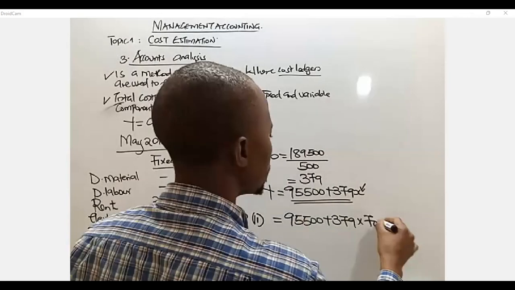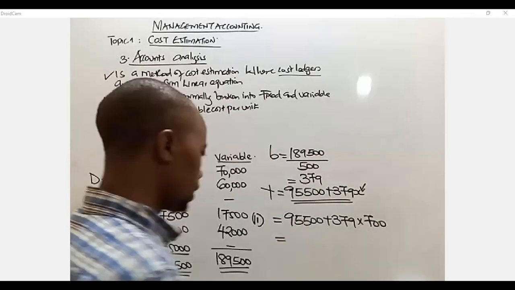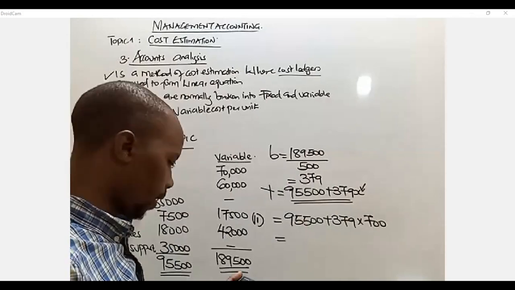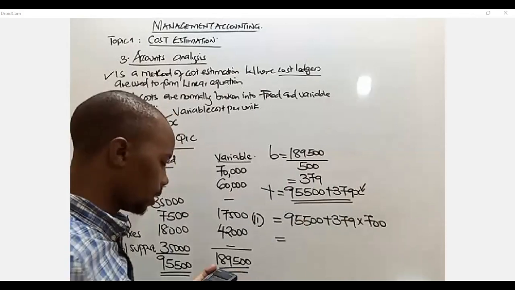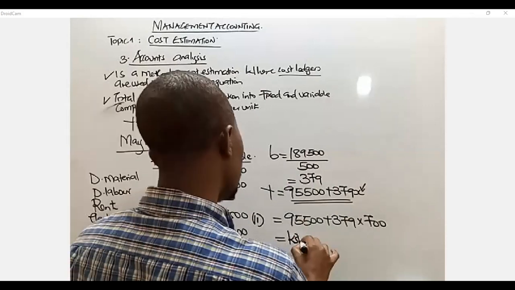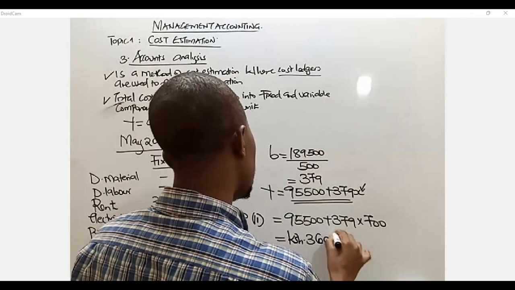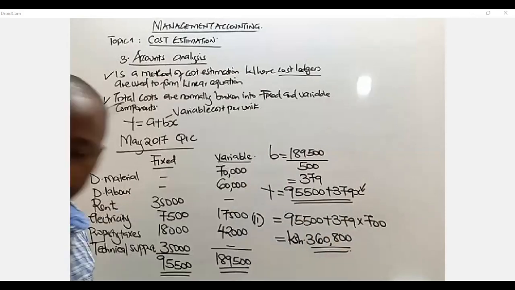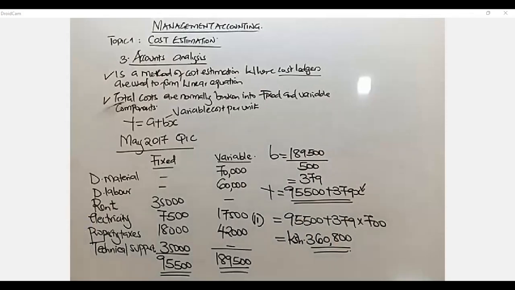So how much is this? 379 times 700 plus 95,500. We get in Kenya shillings 360,800.